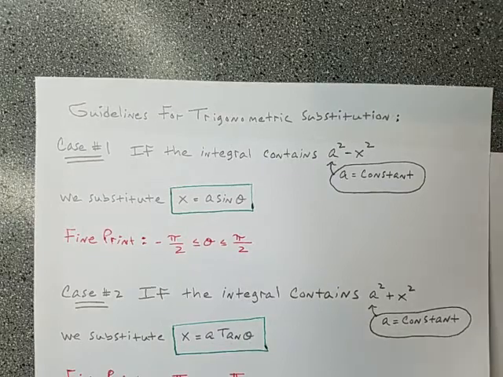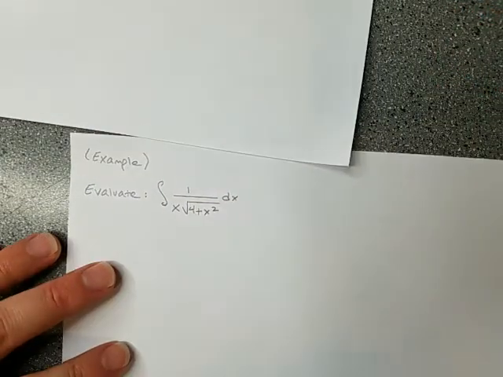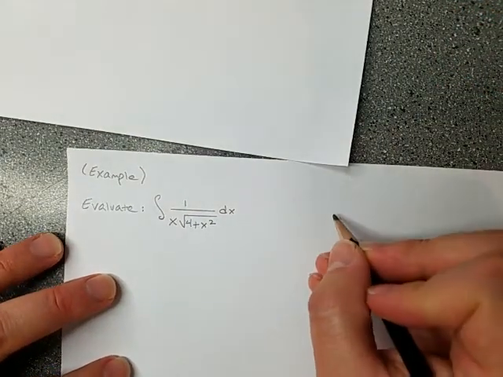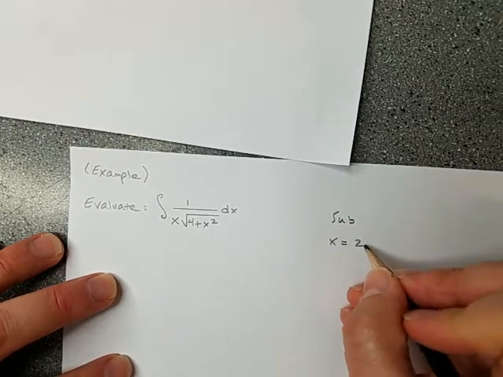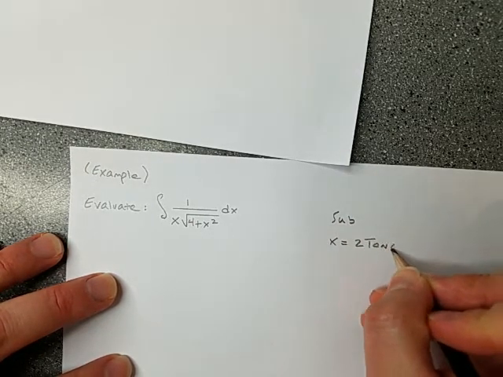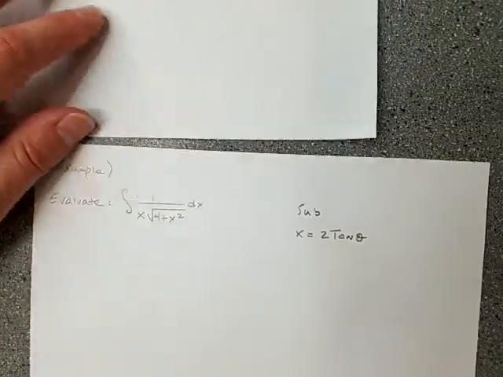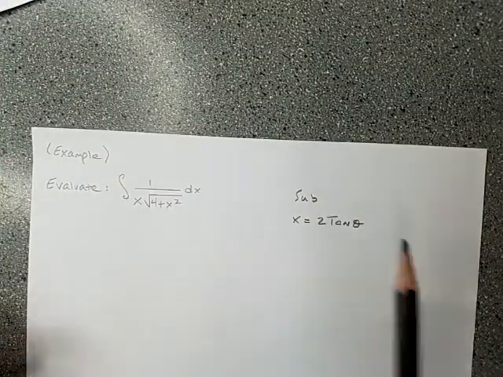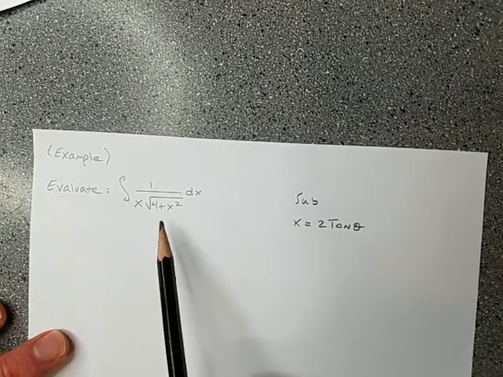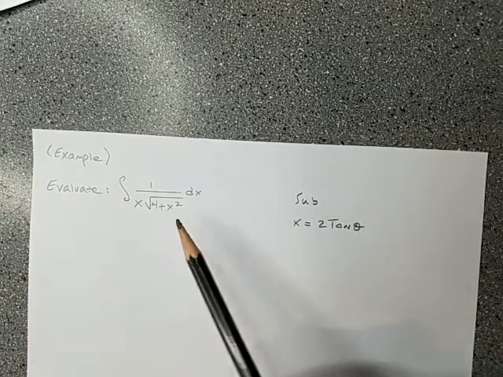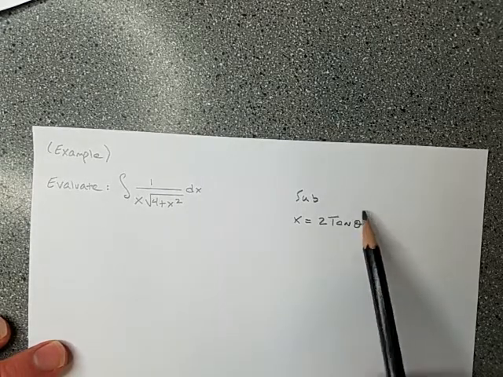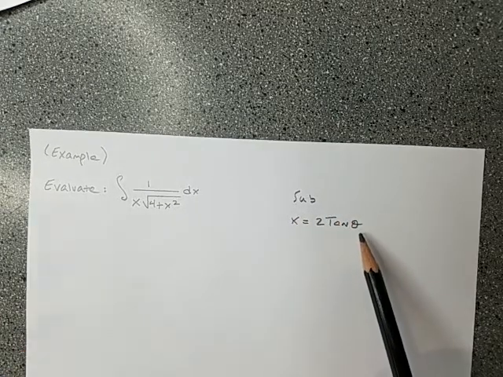Now, let's do this. I'll just tell you that the substitution is going to be x is equal to 2 tangent theta. Now you can use my guide that I gave you, but what's going to happen is I'm going to put this in, and I'm going to get the identity 1 plus tangent squared, and I'm going to say that's secant squared. That's how the ones where you substitute tangent are going to work out.